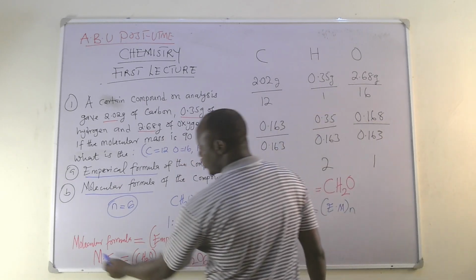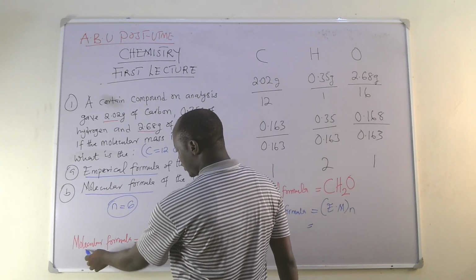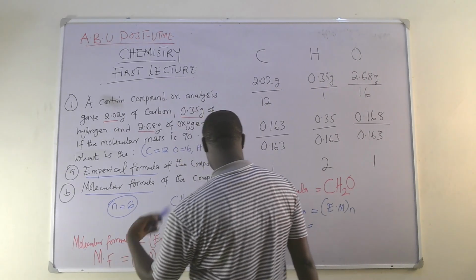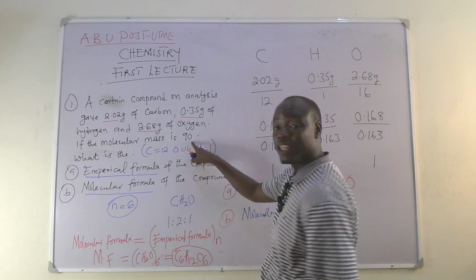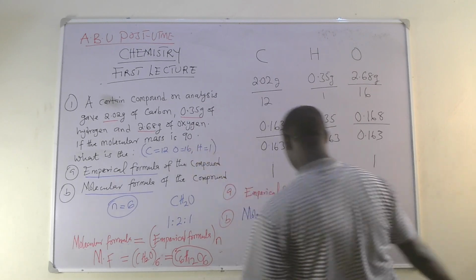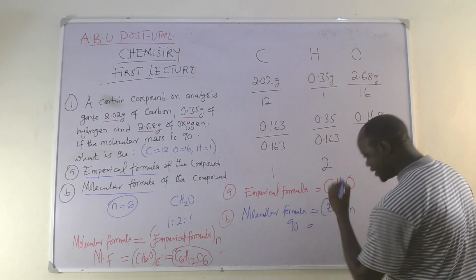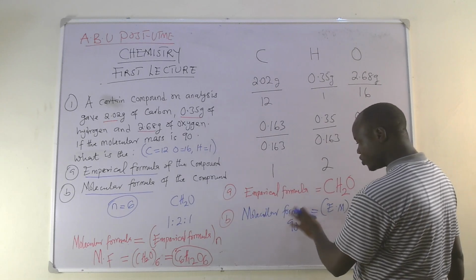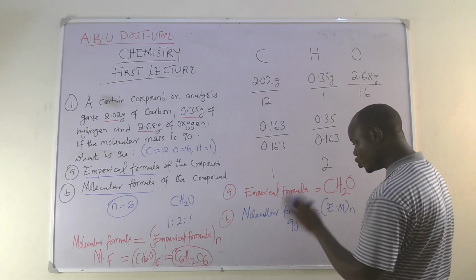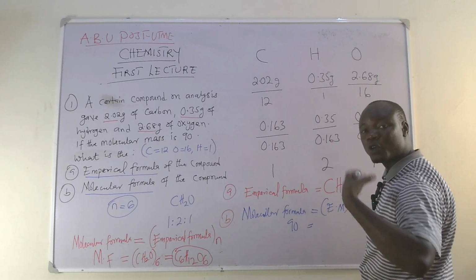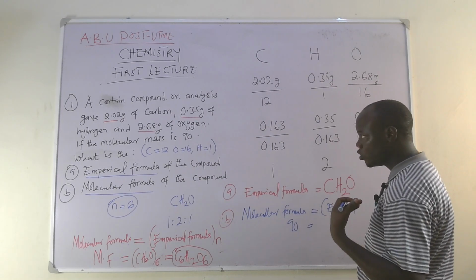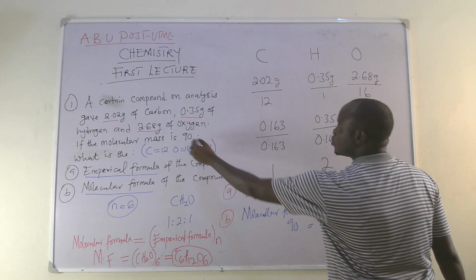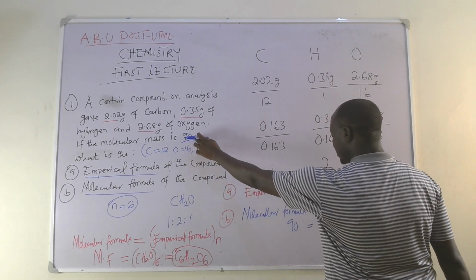Because we don't have the formula, we are given the molecular mass already here. We don't know the compound exactly, but the molecular mass of the compound is given as 90.